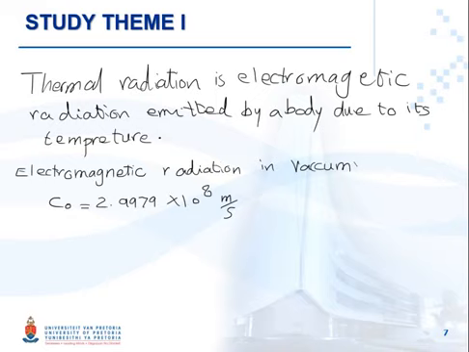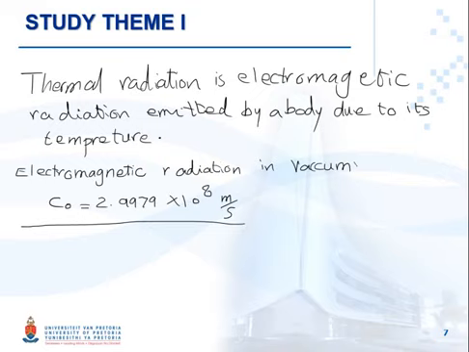But we are not always facing situations in vacuum. In our daily life, we are facing materials or situations where the radiation is happening not just in vacuum, but in normal materials.